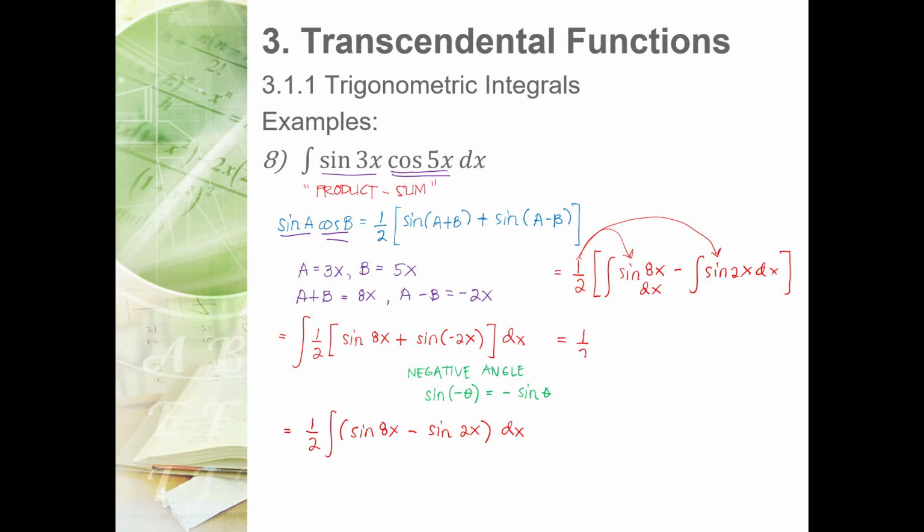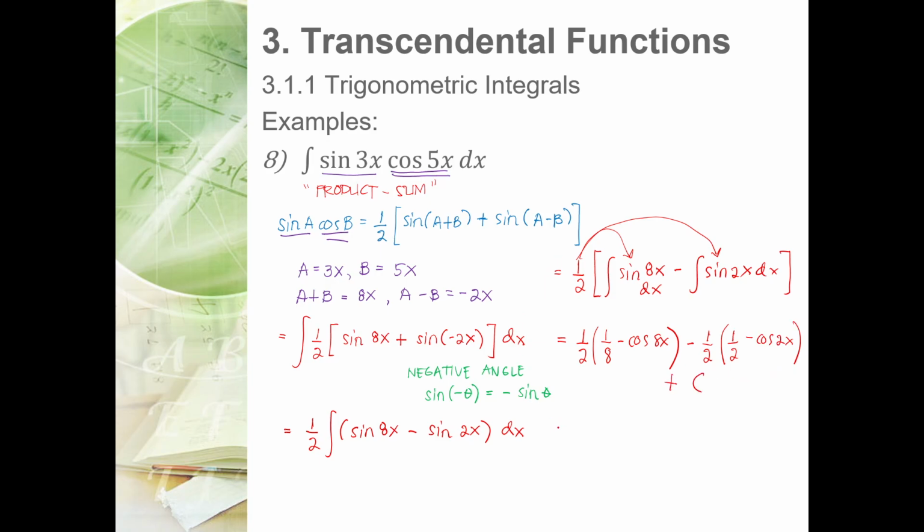So since we have a coefficient of 8 in the angle of the sine function, that will be 1/8. The integral of sine is negative cosine 8x. So minus, again 1/2, then since we have a coefficient of 2 in the angle, 1/2 negative cosine 2x plus c.